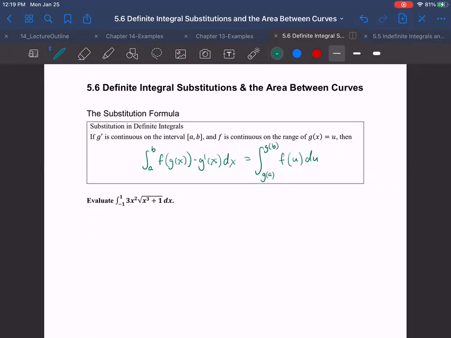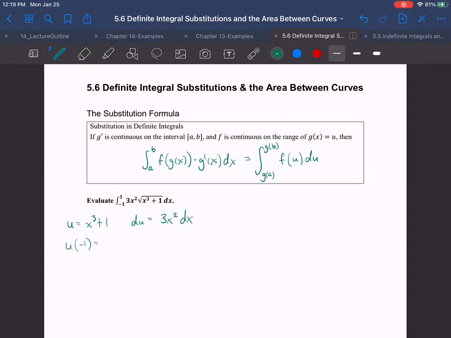So let's take a look at this first one. Let's do u equals x cubed plus 1. Then du is 3x squared dx. And so now what we can do is find our new limits. So we'll do u of -1, right?